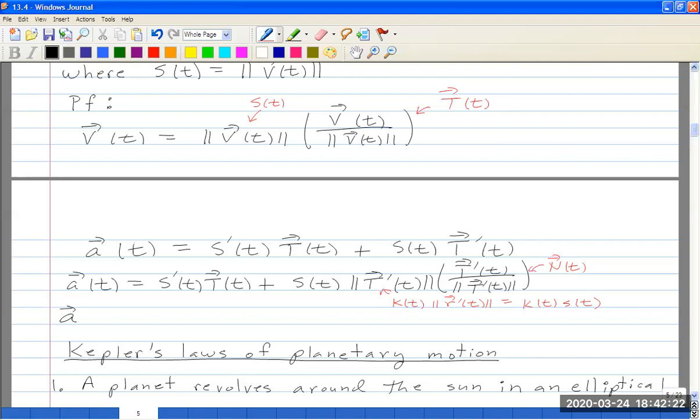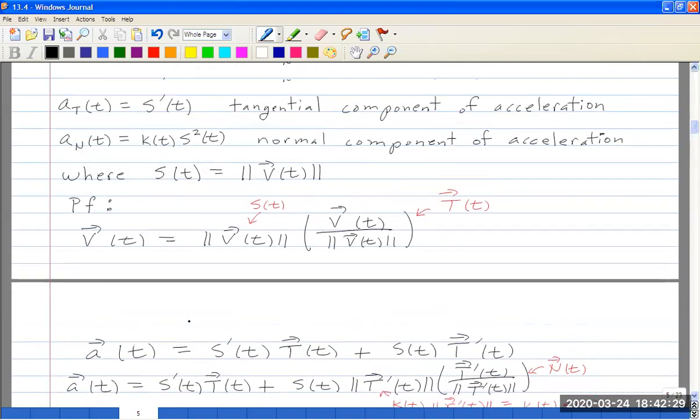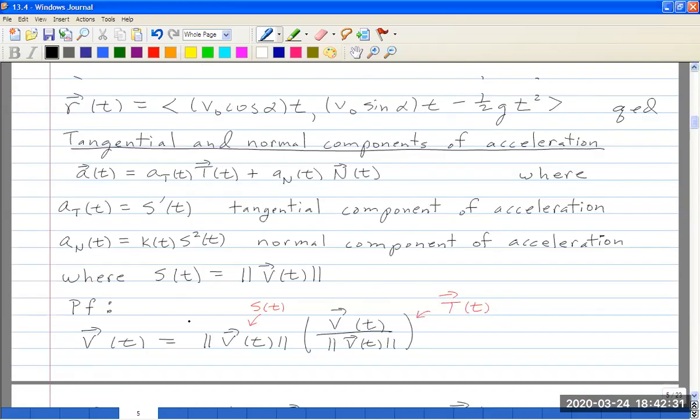So the acceleration can be written as S prime of t. Good. I just wanted to check something.